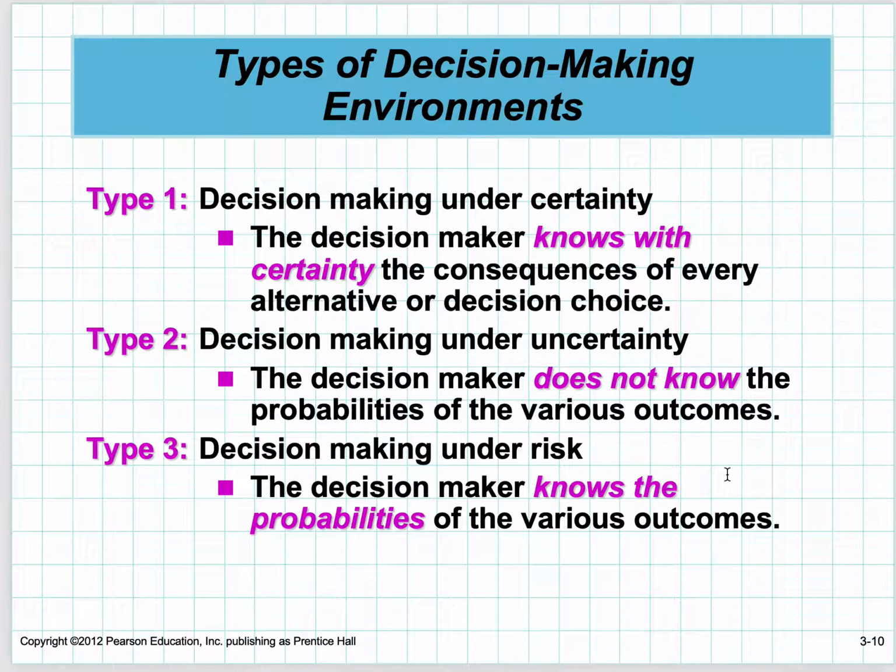Decision making under uncertainty, which means we don't know the probabilities, is probably the most realistic sense of is it going to be a favorable market or an unfavorable market. Decision making under risk is when you know the probabilities. Who knows actually if it's going to be a favorable or unfavorable market? So really, I think most decisions are done under a type 2 scenario, but it really depends on your guesstimation and how you want to structure the model.